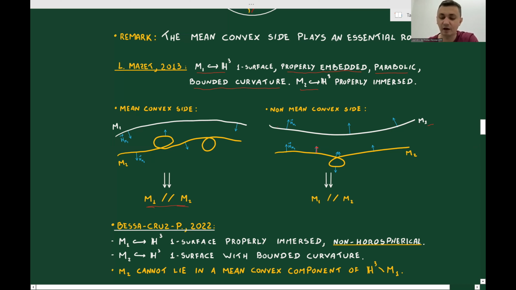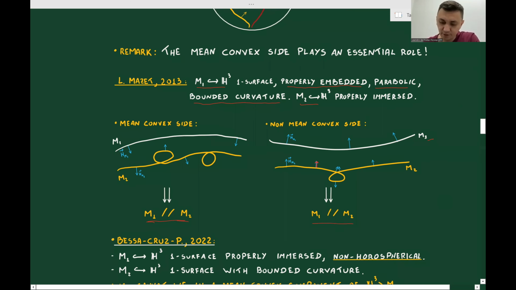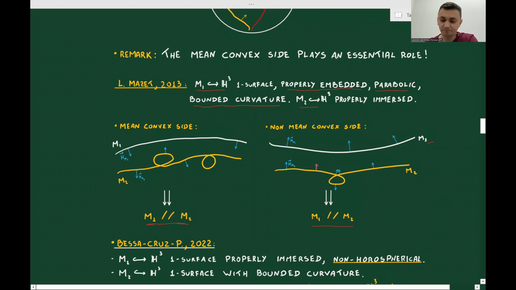So in this case, you can also say that M1 and M2 are equidistant. So we can see here how we need this assumption about the mean convex side.